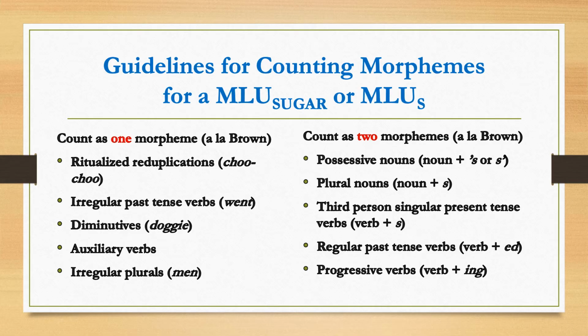On the right are the 5 bound morphemes Brown identified: possessive S, plural S, third person S, regular past ED, and progressive ing. When each is added to a word, it results in 2 morphemes. If you're wondering what happened to Brown's other guidelines, hang on, we'll deal with those in the next few slides.